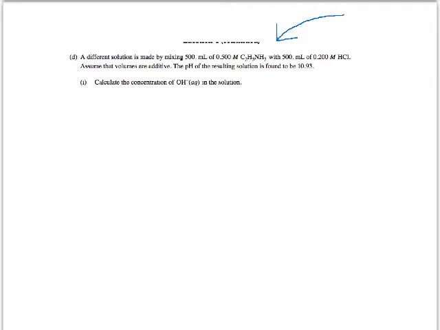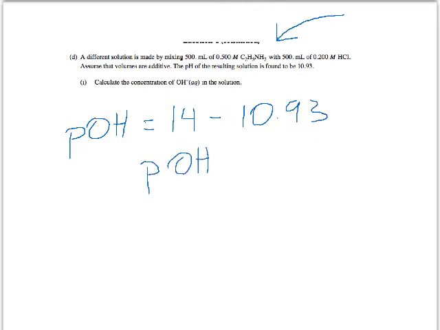There are a couple of ways to do it, but you can say that pOH is equal to 14 minus 10.93. So that means that the pOH is equal to 3.07.